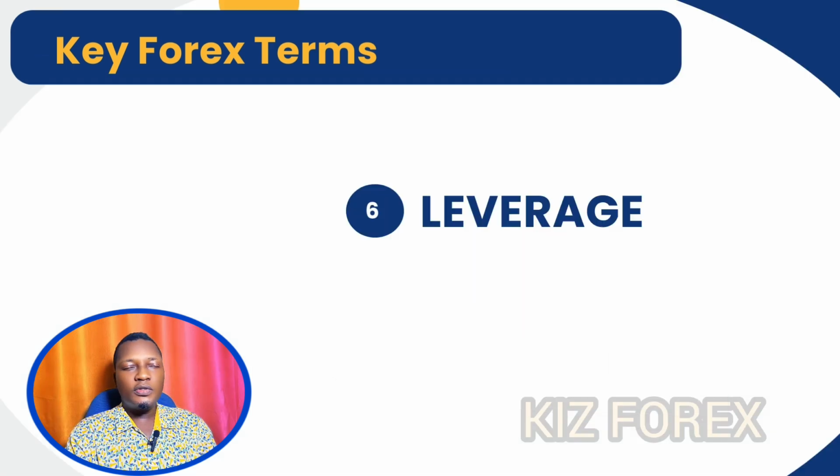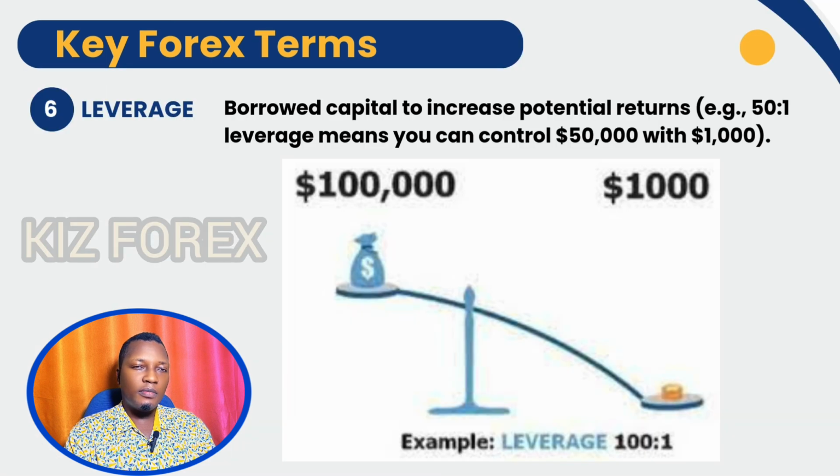Another key terminology that you need to know in the Forex market is, of course, known as the leverage. Now, what is leverage? Leverage is actually the capital that you borrow from your broker to enable you to get higher potential returns. If you have $500, your broker can give you up to $50,000, $1,000, $10,000, so you can increase your potential profit in the market.